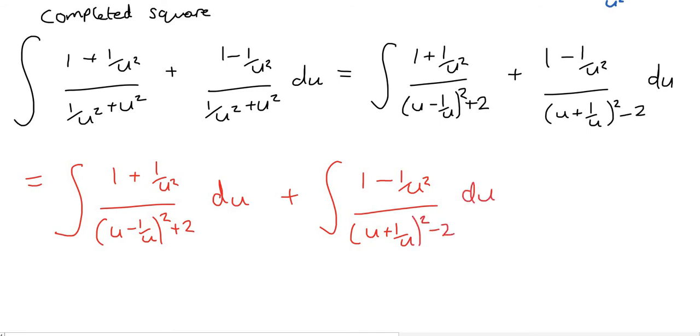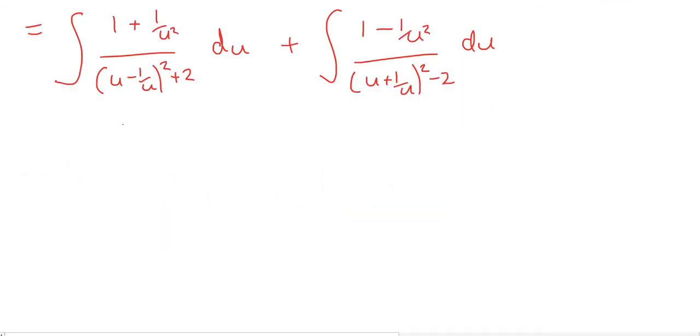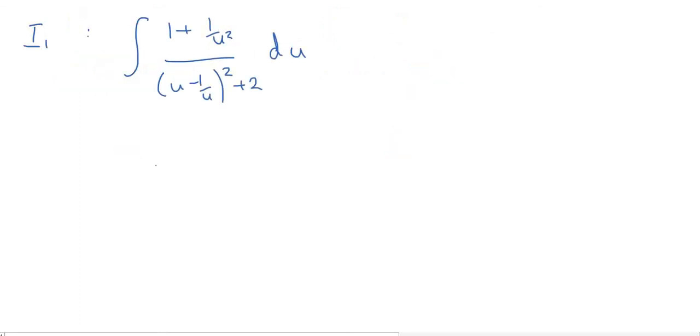So we now have two integrals. I'm going to call these I1 and I2, so we can deal with them separately. Let's look at the first integral on its own: 1 plus 1 over u squared over u minus 1 over u, all squared, plus 2.